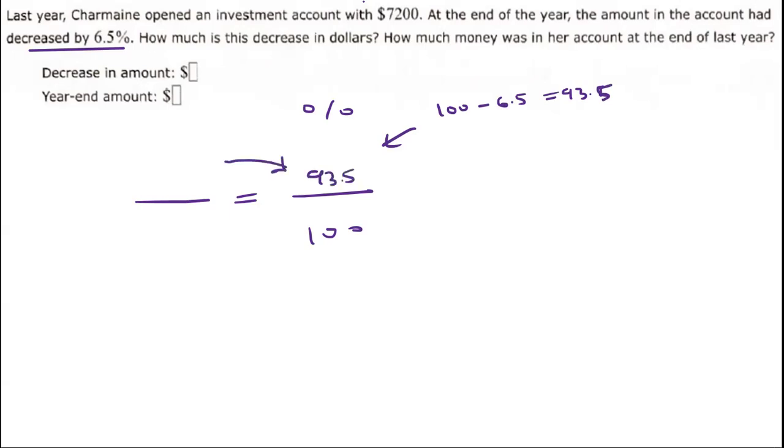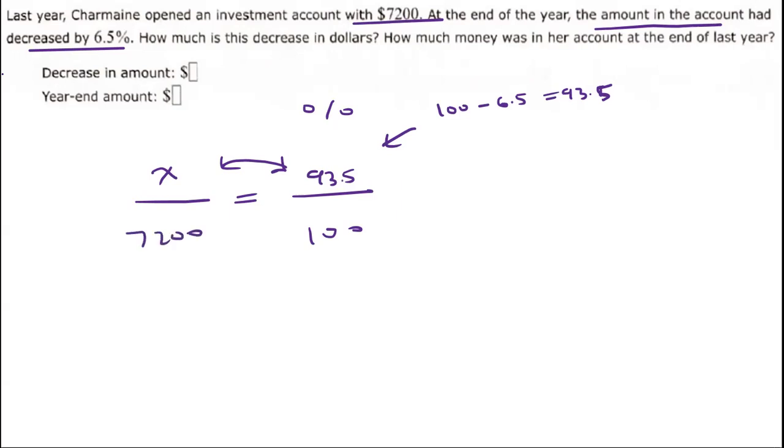Now I need to figure out what this 93.5, or the 6.5% decrease, is relating to. It says the amount in the account had decreased, so we don't know what that amount is. That's going to be our X again. It was originally $7,200, so we put 7,200 in the denominator.